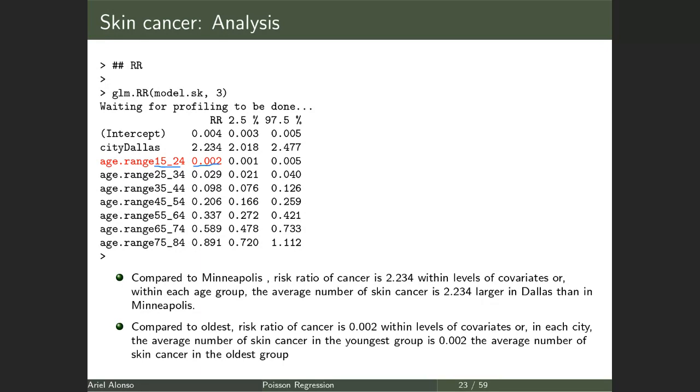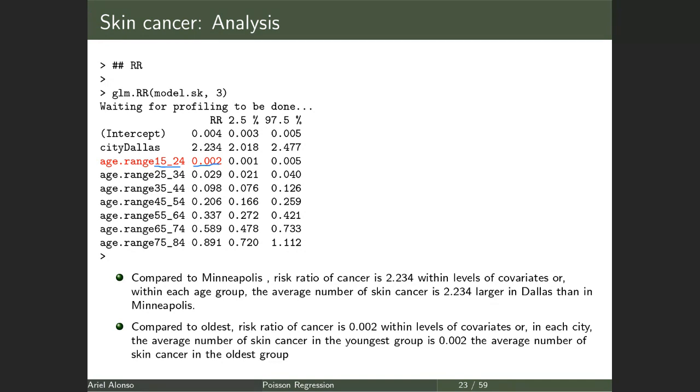0.002 within the levels of the other covariates, or if you want, in each city. So if you have, for instance, Dallas, it will be the same for Minneapolis because we don't have interaction between city and age in this model. So it will be the same for both cities.